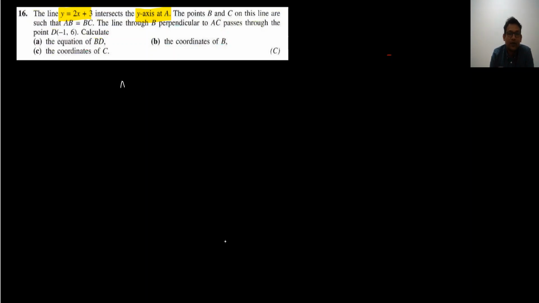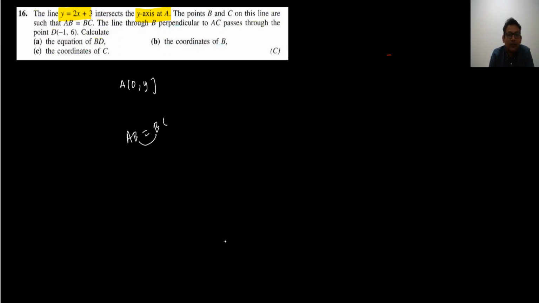So the coordinates of A are (0, y). You can put 0 in the equation and get y. The points B and C are on this line such that AB equals BC. AB equals BC means B is the midpoint of A and C. This is a very important part.